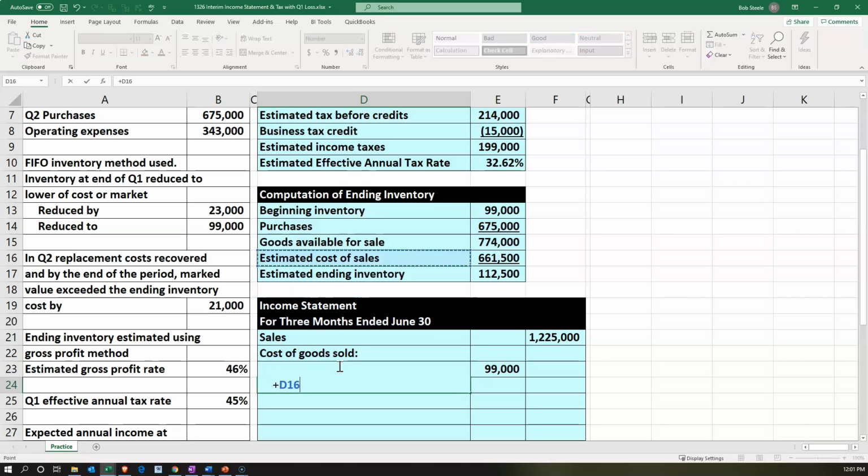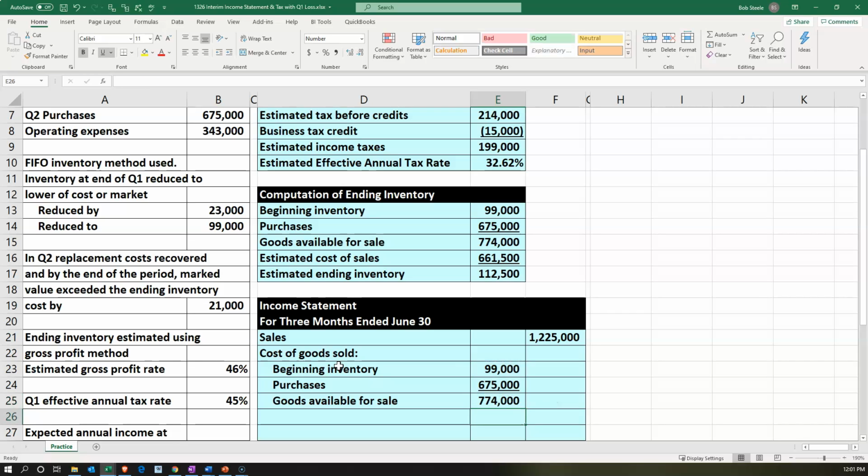We can actually take that right from the information up top. Purchases, we're going to get to the same spot. That's going to give us the goods available for sale. Goods available for sale. Summing this up equals the sum of the 99,000 and the 675,000 for the 774. Then here's where we change things up a bit because we're going to do what we would normally do here, which is now take into consideration the ending inventory, which we did in our calculation up top.